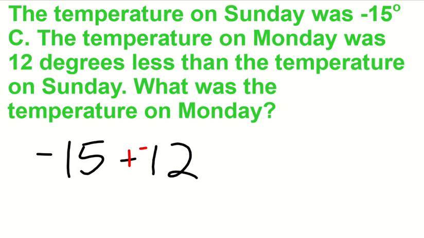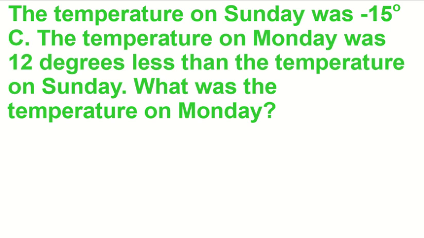So that gives me negative 15 plus negative 12. Signs are the same. Add, keep the sign. Okay? Any questions on that one? A lot, not all of them, but a lot of the word problems are actually subtraction problems in most cases.